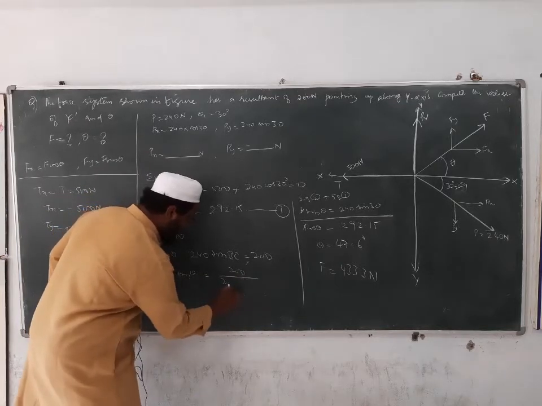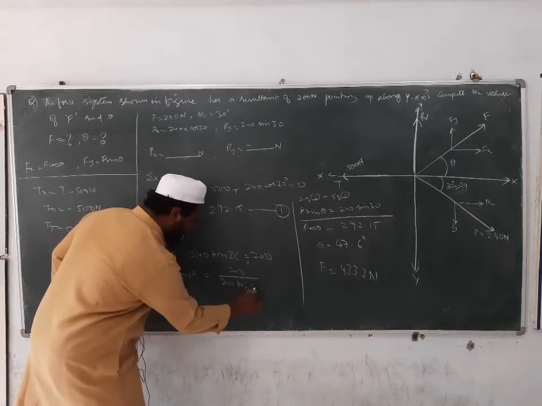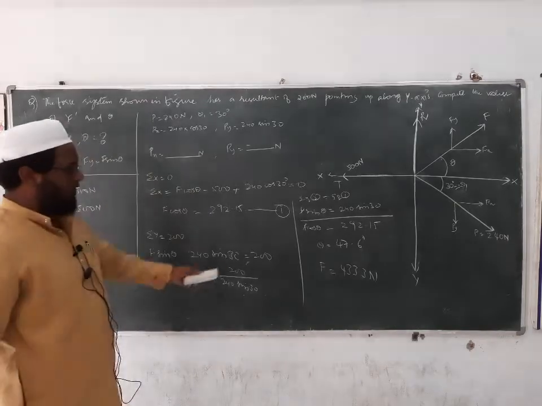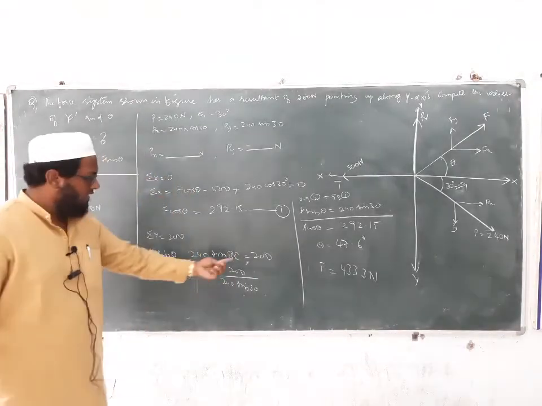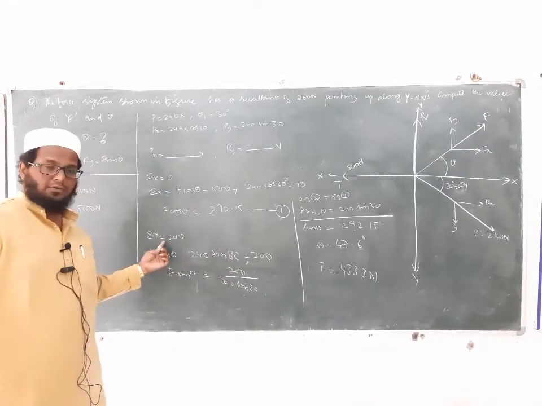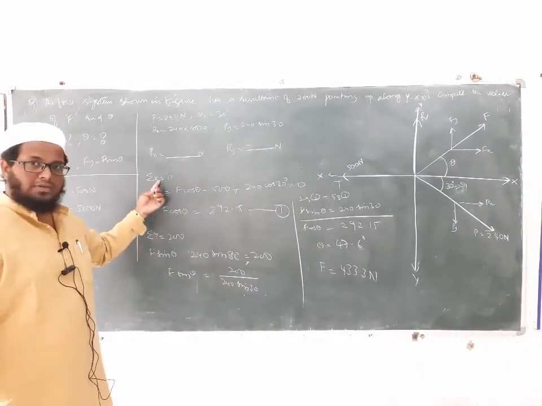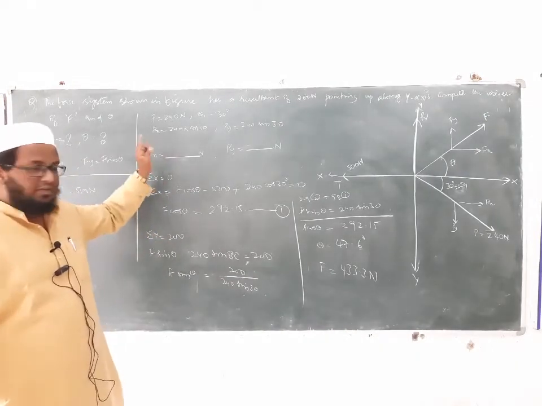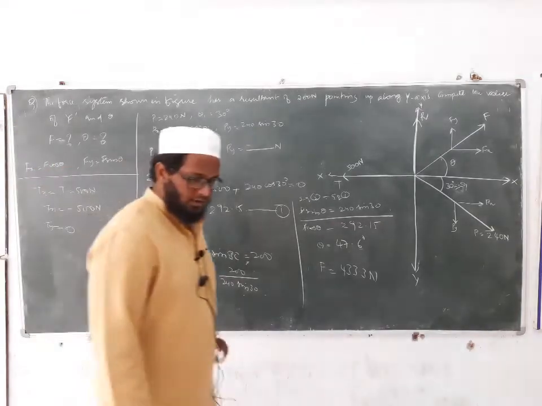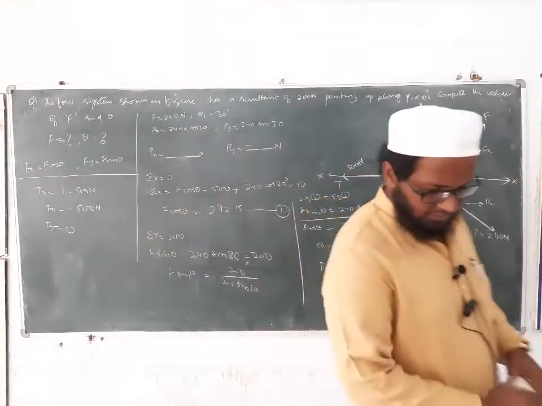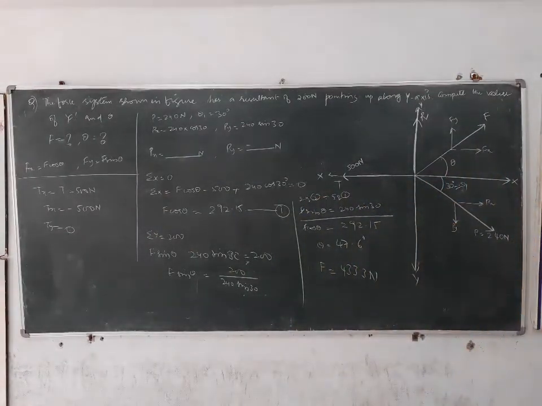Just make a small correction, that is sigma x is equal to 0, but sigma y is what we have calculated previously, that is 200. So the values will be coming like this, that is F is equal to 433.33.